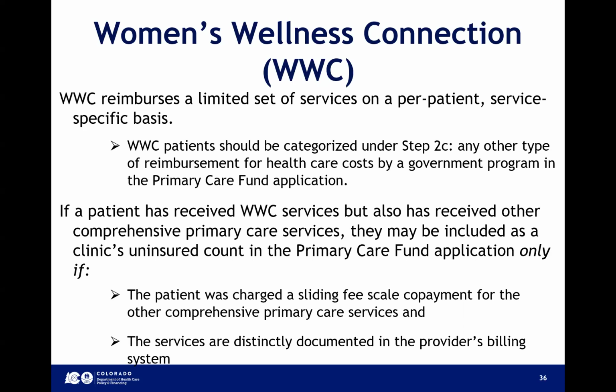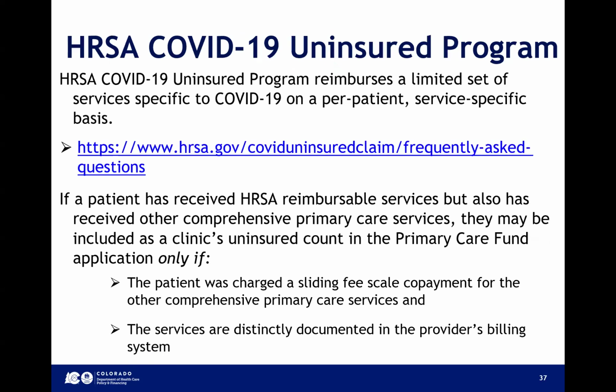However, if a patient has received WWC services, but they also receive other comprehensive primary care services at that same appointment, they can be included in your clinic's uninsured count if that patient was charged a sliding fee scale copayment for the other comprehensive primary care services, and the patient services are distinctly documented in the provider's billing system. The same goes for HRSA COVID-19 uninsured program.